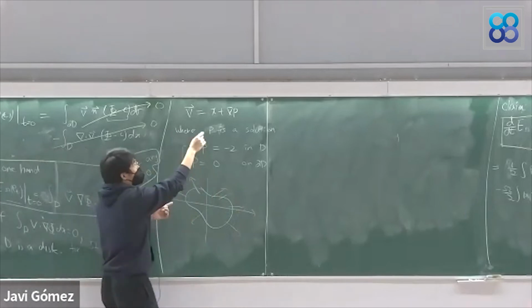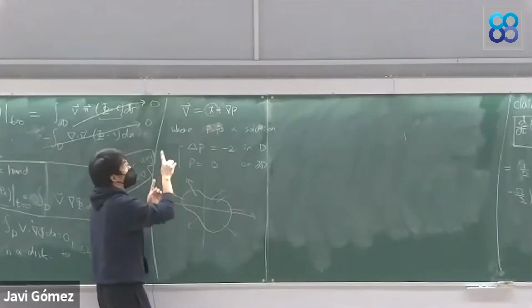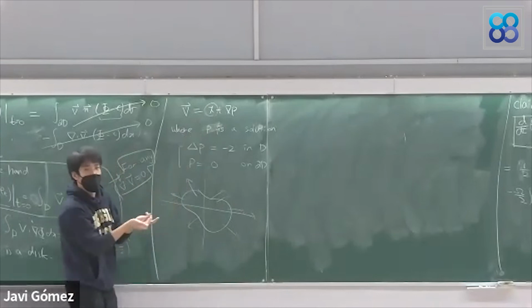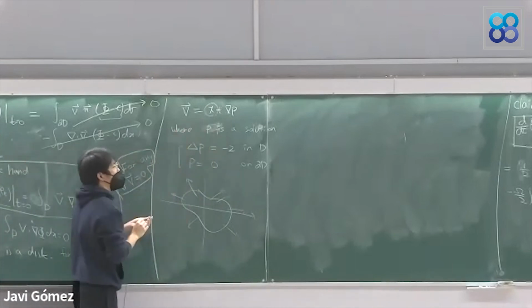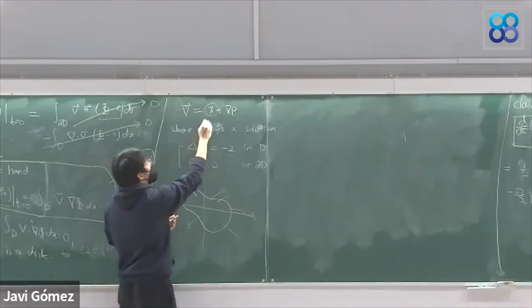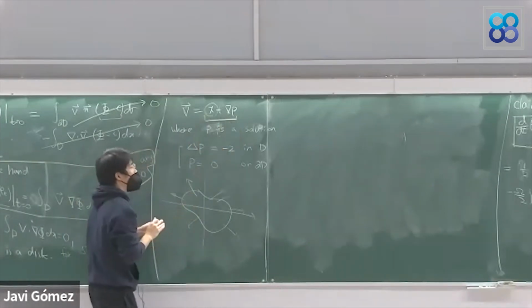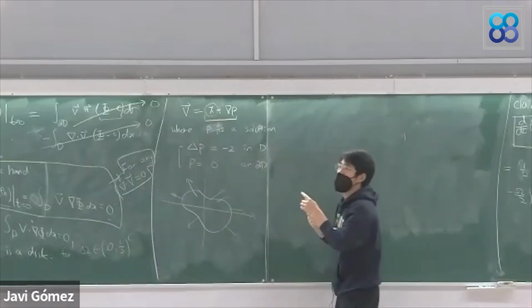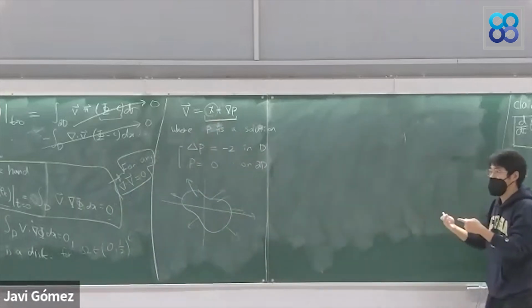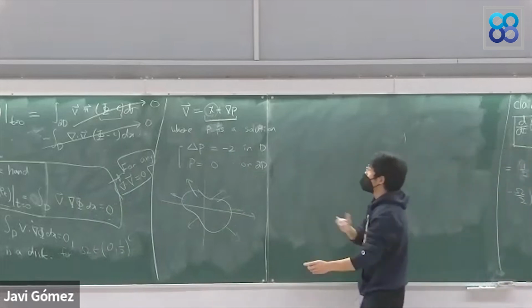But this vector field is certainly not divergence free. When you compute the divergence of X, it gives you 2. So we have to add something to make it divergence free. And this one is actually the closest divergence free vector field to X.